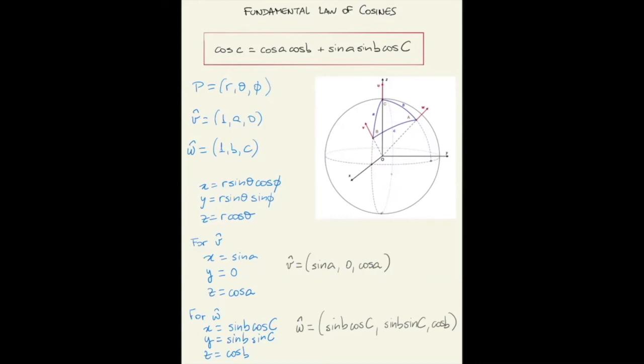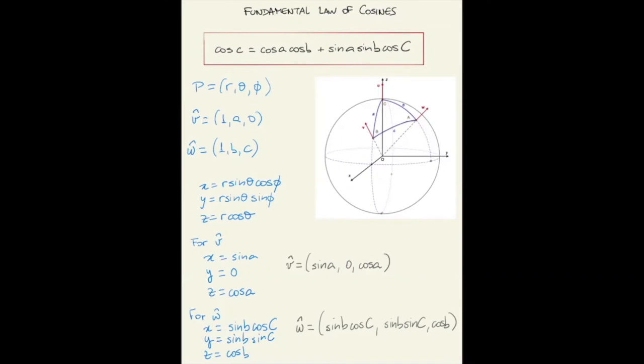Now, because little c is an arc of great circle and the sphere has unit radius, little c is the angle between v hat and w hat. You can see this by noticing that these two vectors meet at the center of the sphere, and this angle here at the center of the sphere is the same as the side c.